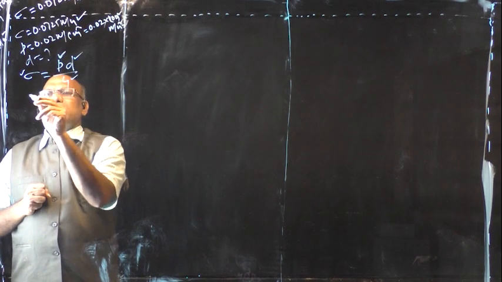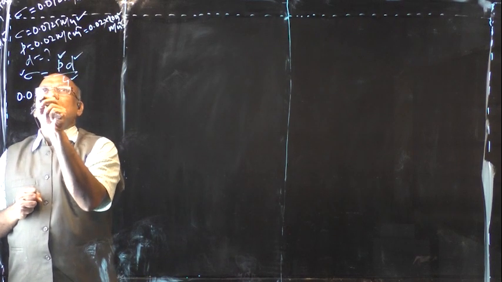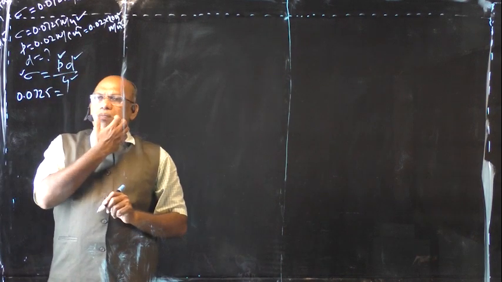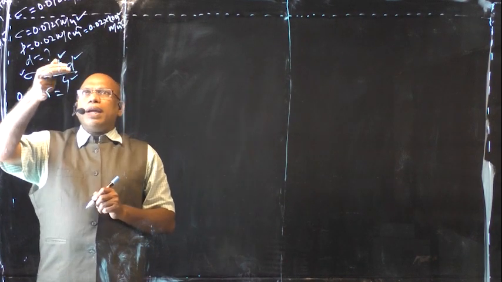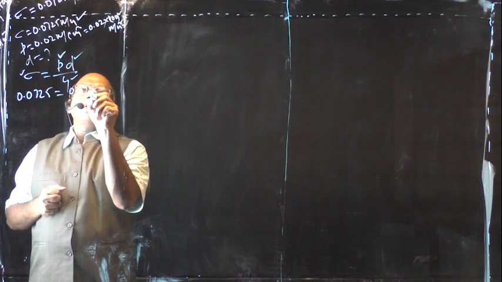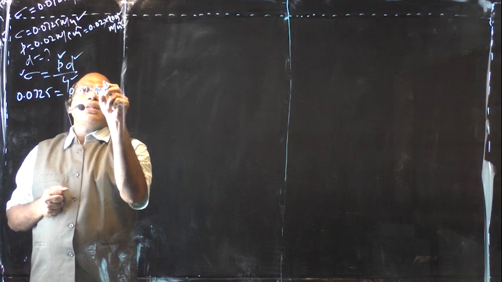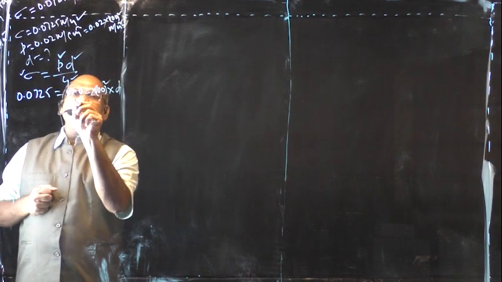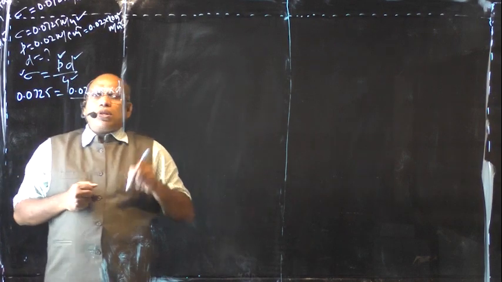Now we are going to substitute the values in the equation. Surface tension 0.0725 is equal to the intensity of pressure, 0.02 into 100 square, into D divided by 4.